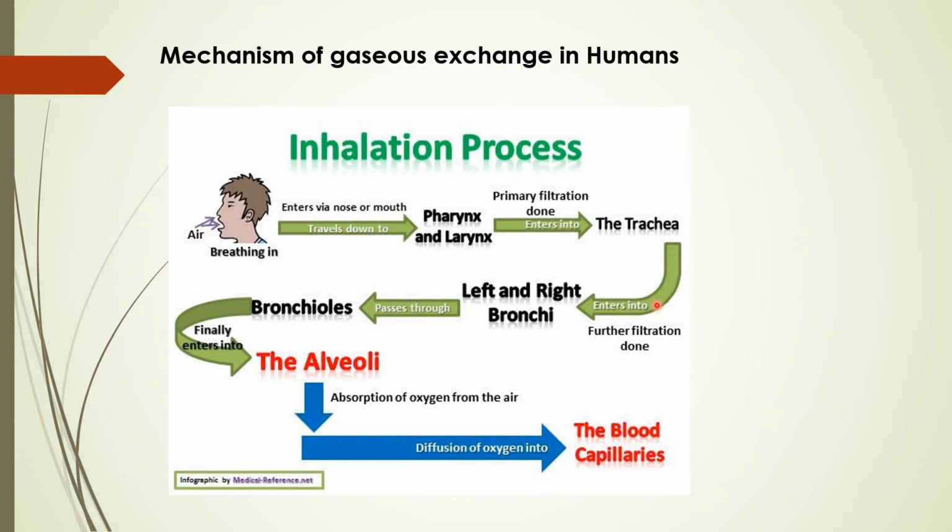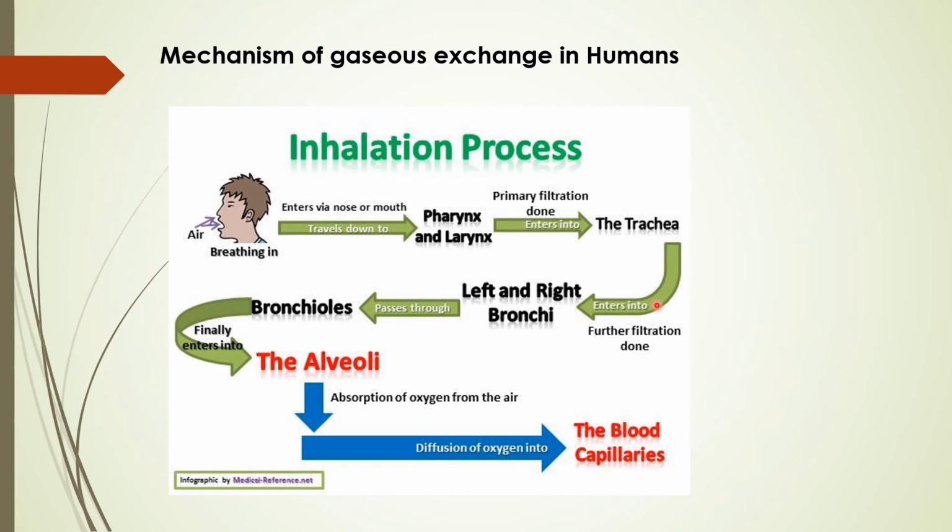In this case, in the atmosphere there is a high concentration of oxygen, and in the body we are deficient, we require that oxygen. So due to that diffusion gradient, oxygen starts entering your body by diffusion.